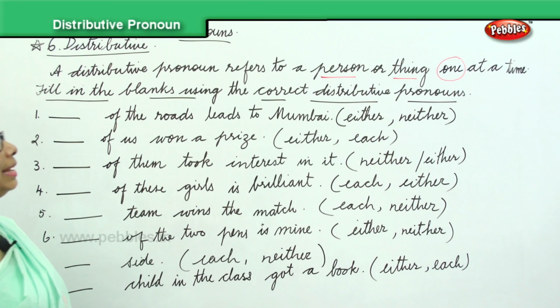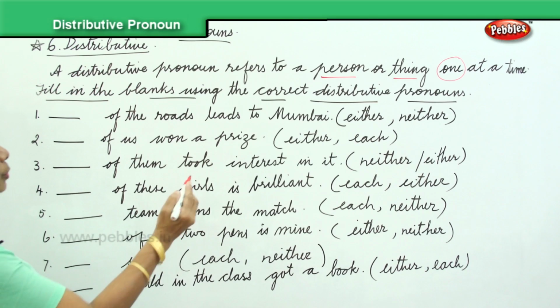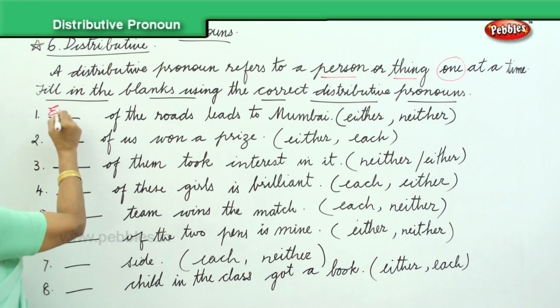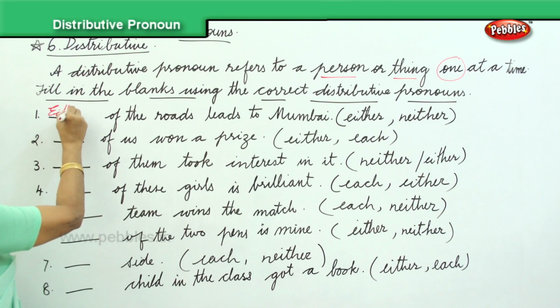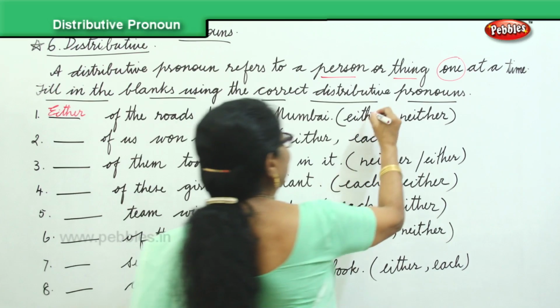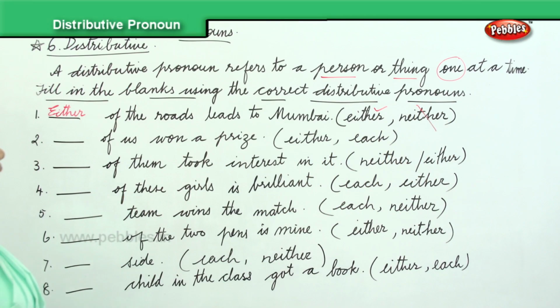You can also say neither of the roads lead to London. So, we'll use the first word, either, capital letter. Either of the roads leads to Mumbai. So, we are not using this word.